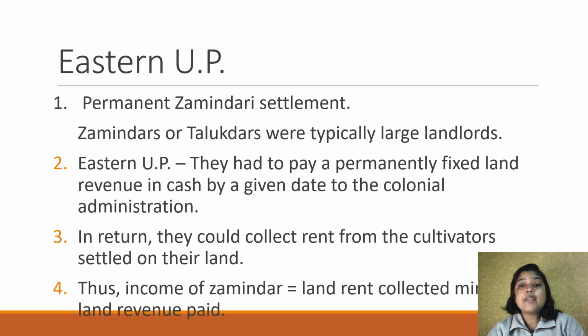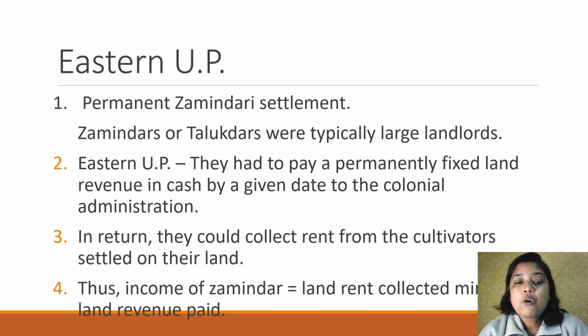Now, this line is very important. Please look into the importance of each word of the sentence. They had to pay a permanently fixed land revenue in cash by a given date to the colonial administration, and in return they could collect rent from cultivators settled on their land.